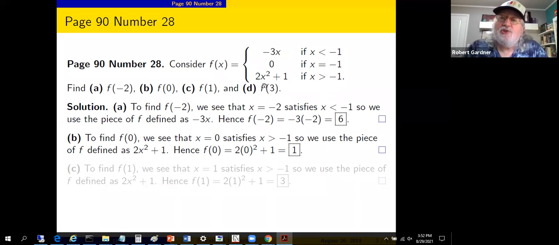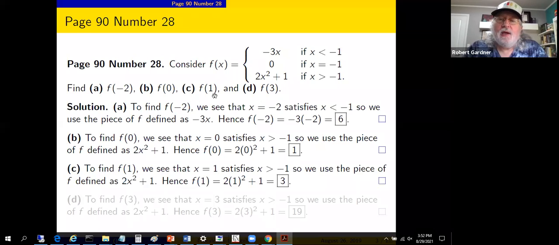So this is the piece you use when x equals 0. Keep straight, you've got x values and y values. So be careful. It is easy enough to mix those up. Those are the x values we're talking about. x equals 0. We'll use this part. And we'll get 2 times 0 squared plus 1. f of 0 is 2 times 0 squared plus 1. Use that piece because x equals 0 satisfies this condition.